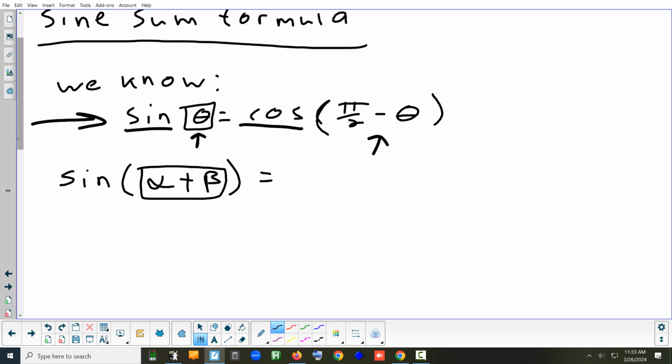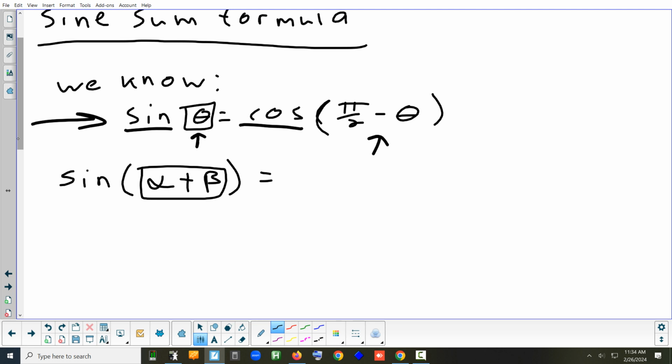Anyone have a thought on how we can figure out the formula for sine of a sum? It's going to start by manipulating this sine alpha plus beta somehow.